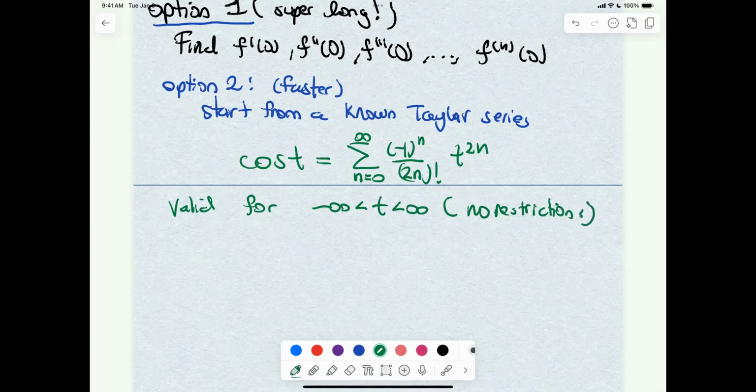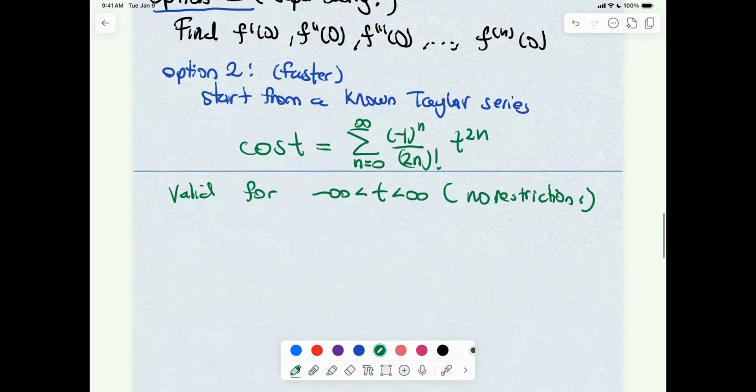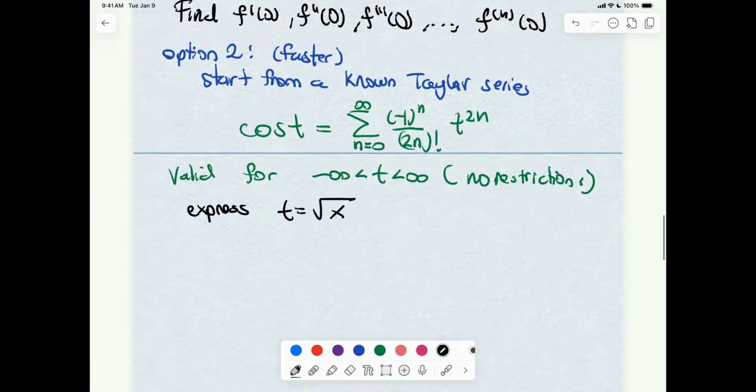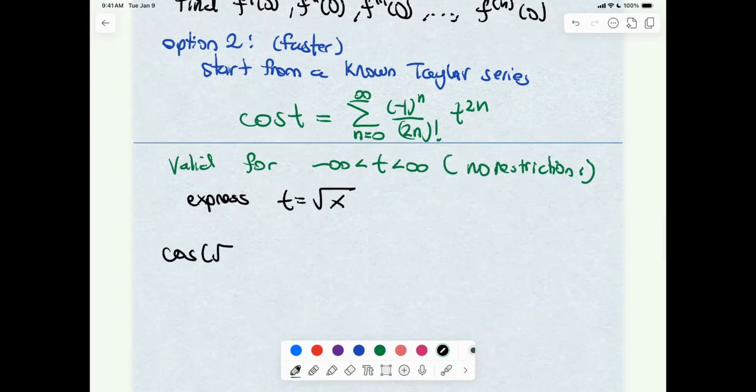So in particular, since there are no restrictions, there's nothing preventing you from thinking, well, what if you take t as root of x for some other number x. So then you express t as root of x, and almost by just a substitution, you get a formula in terms of a power series for cosine of root of x.